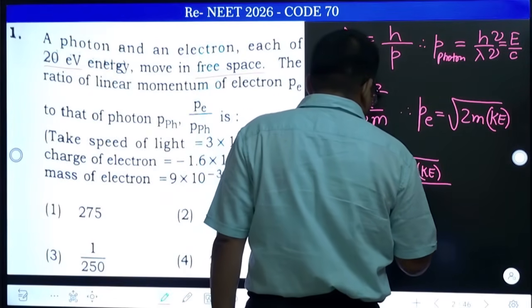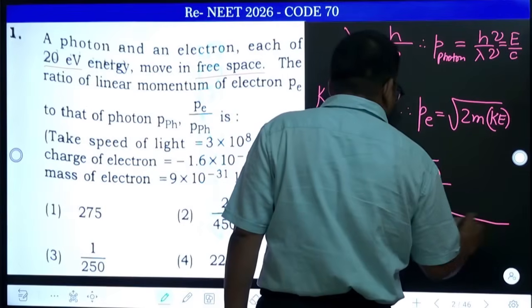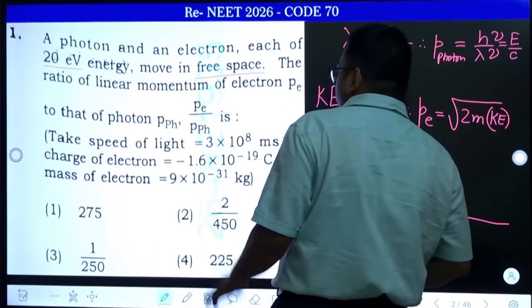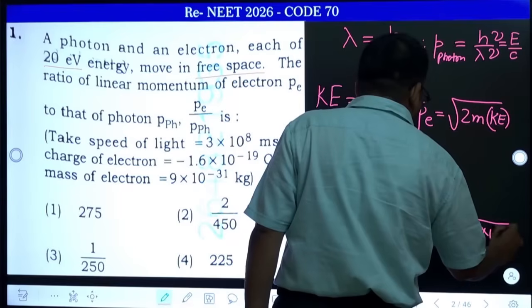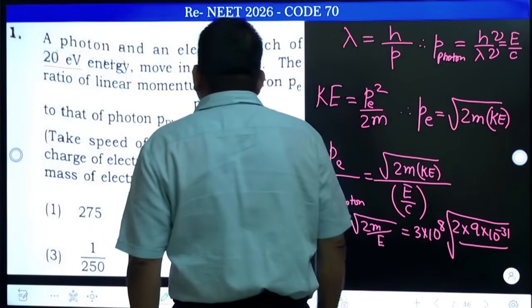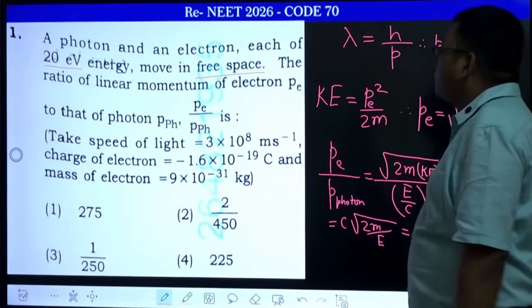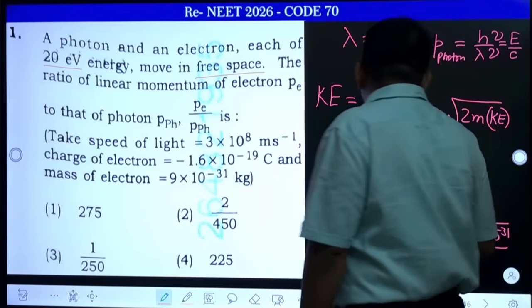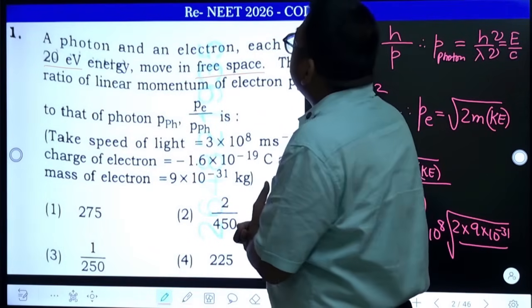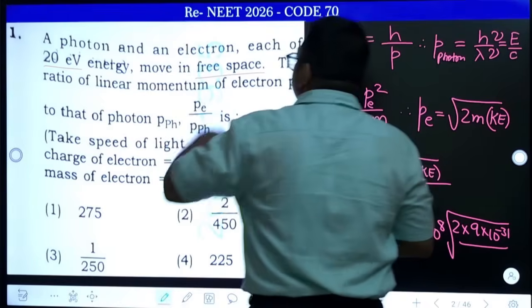Now let us substitute this. c is 3 into 10 to the power 8, that we know. Root under 2 times mass. Mass of the electron, we'll use 9 into 10 to the power minus 31. Charge and other things we don't have to use, because the energy they have given is 20 electron volt.